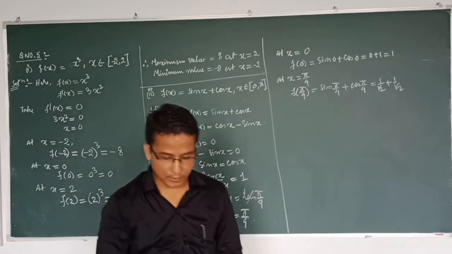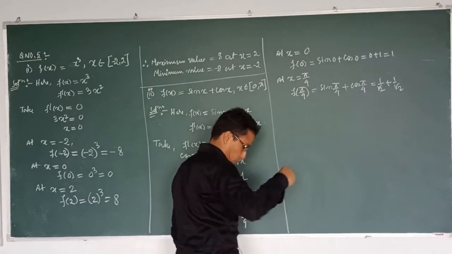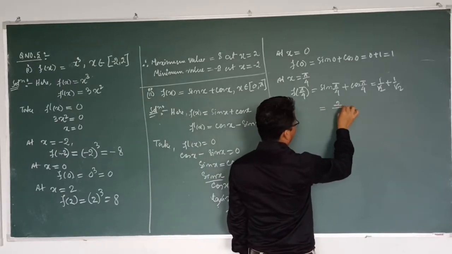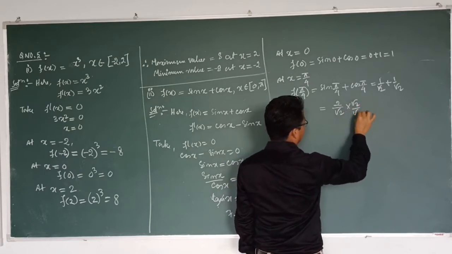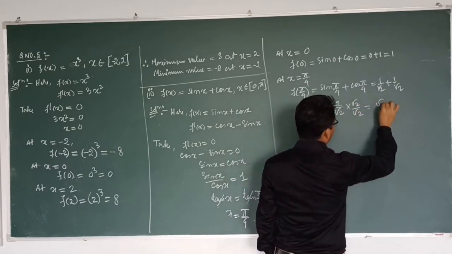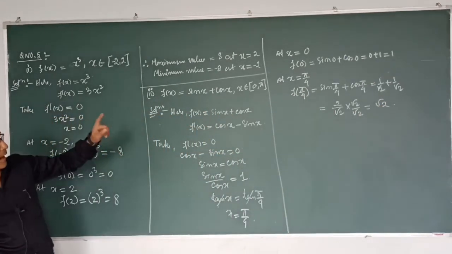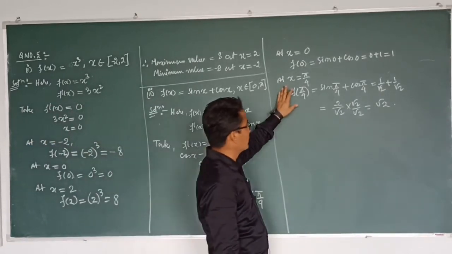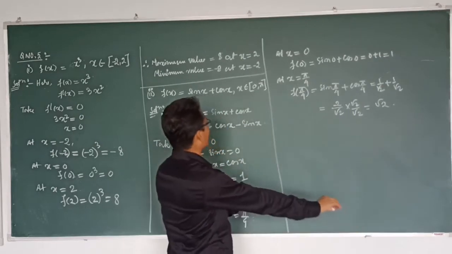That equals 2 by root 2, and if you rationalize this, you will get root 2. So when we take x equal to pi by 4, we get f of pi by 4 equal to root 2.